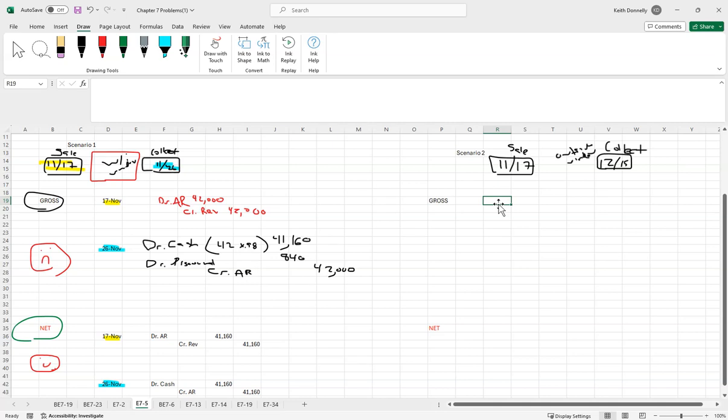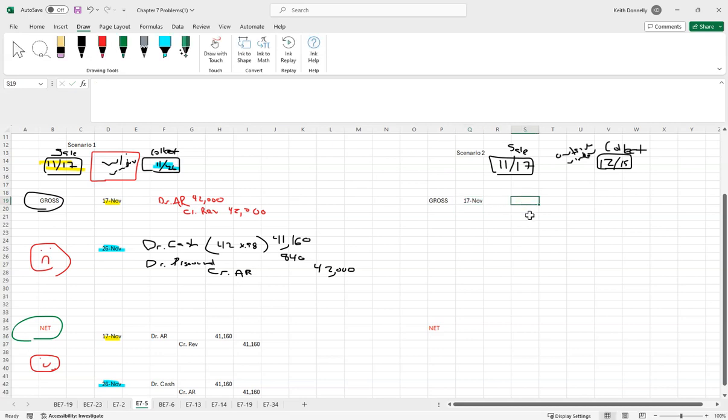Well, the gross method, if we're going to start with that, it's going to be the same on November 17th. So I'll just write it out.